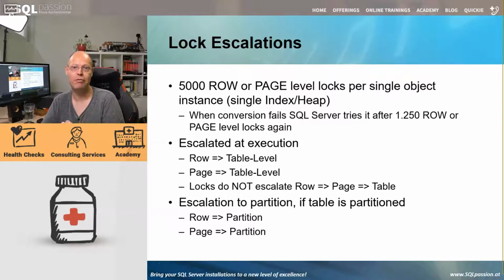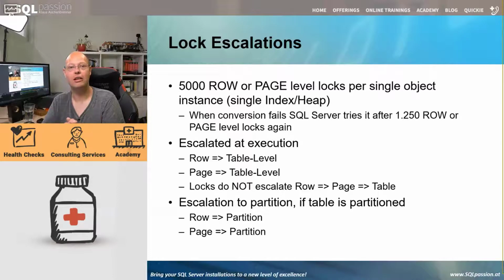Well, the query optimizer can still compile an execution plan, but you can't access that table in any way from other sessions anymore. Not for reading, not for writing. So in that case, lock escalations are not really good, because they are degrading your performance, but they are improving the performance and the scalability of the lock manager itself.